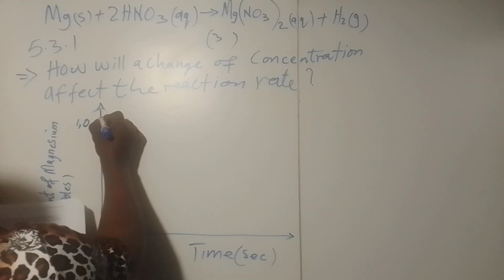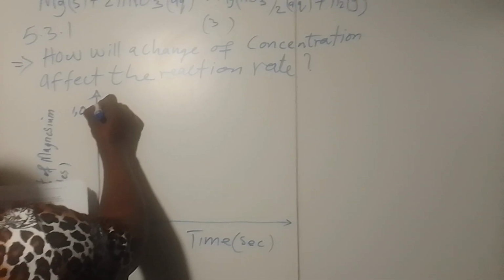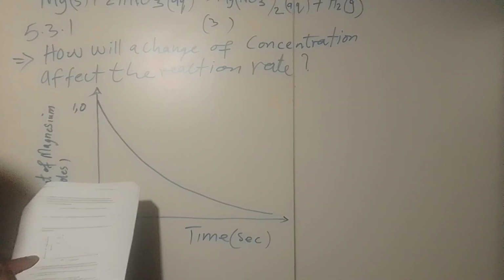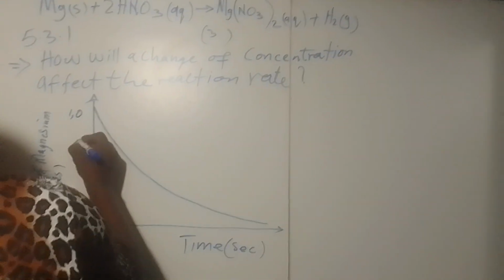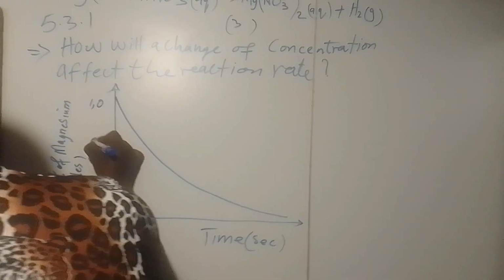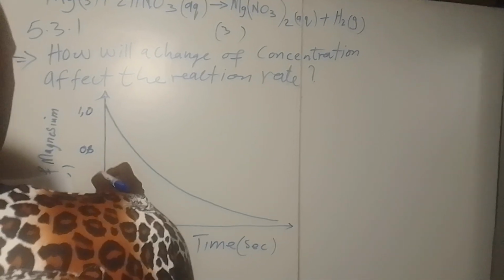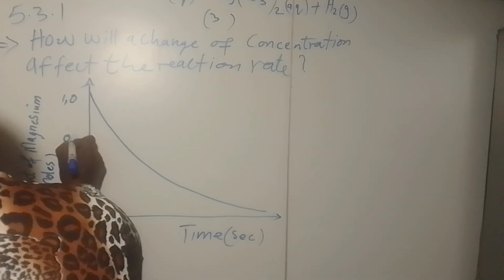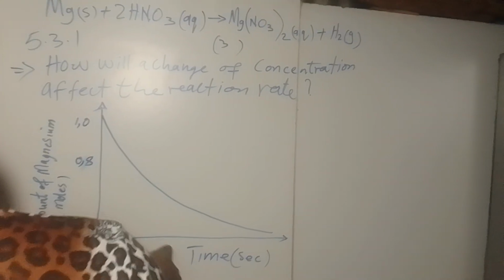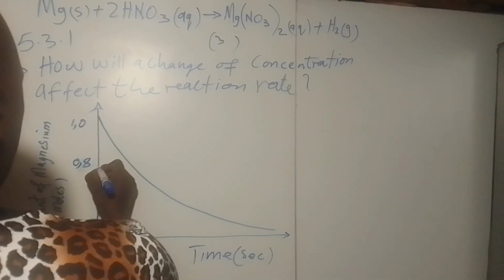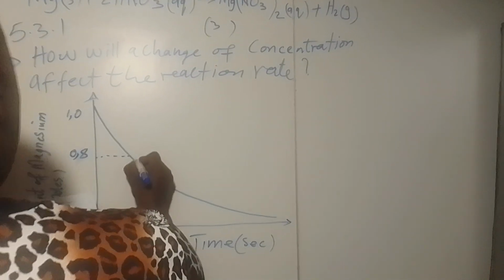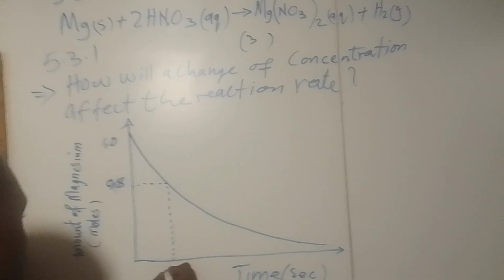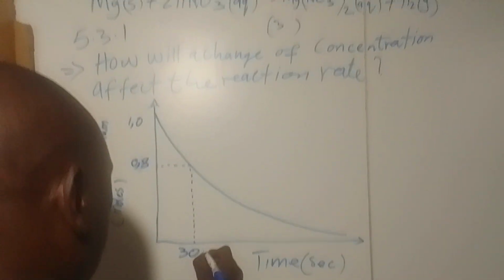It starts and our graph goes steeper and steeper, down to 0,8 moles. This is what will happen, and that will take time, at 30 seconds.